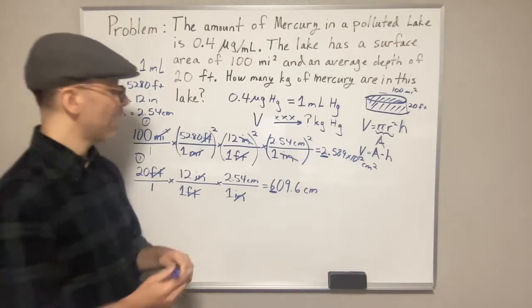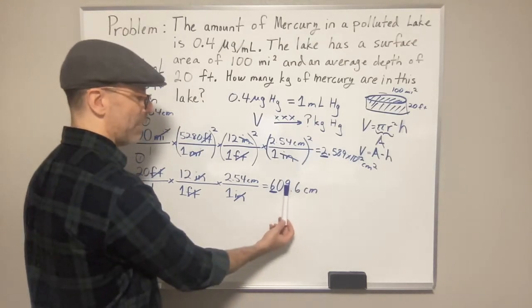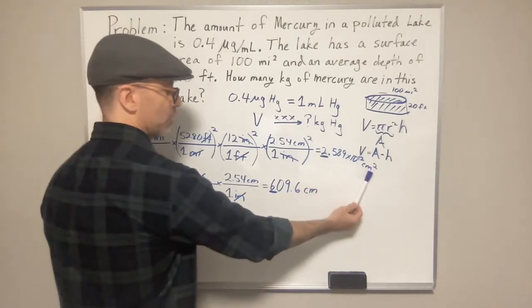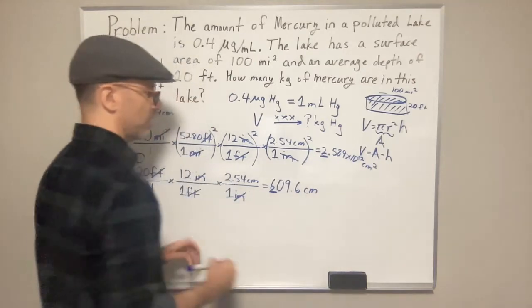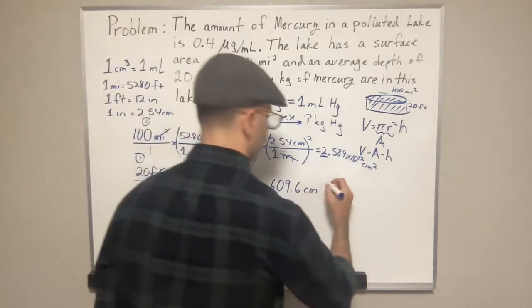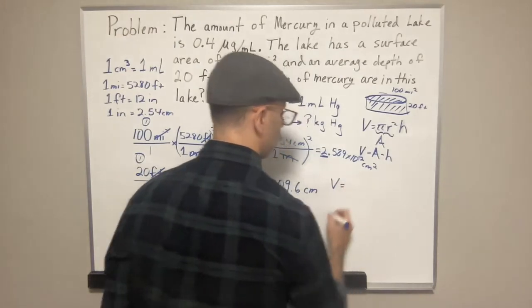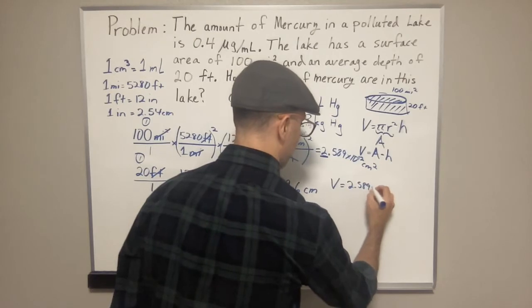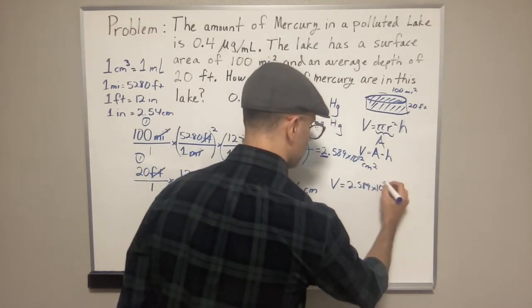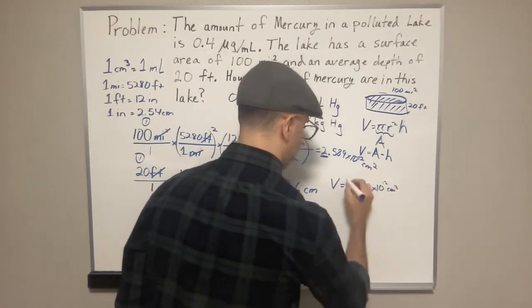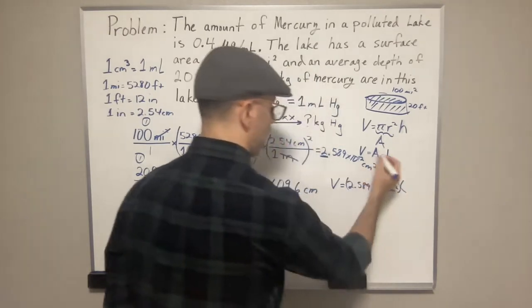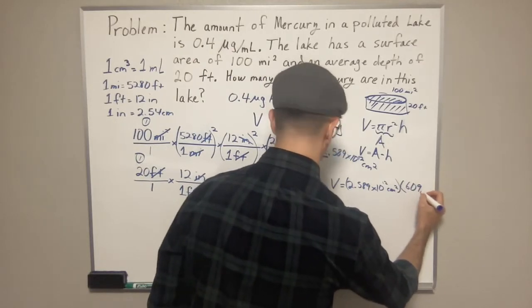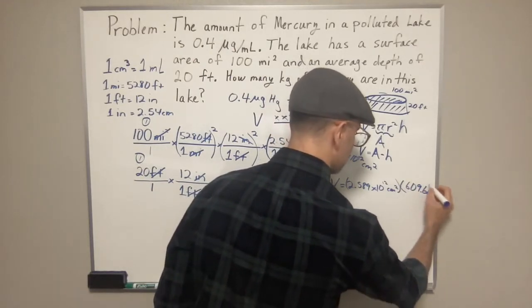Okay, so now I have my depth in centimeters. I have my surface area in centimeters squared. So now I can use this equation to find the volume. So the volume is equal to the area, which is 2.589 times 10 to the 12 centimeters squared, multiplied by the height, which is 609.6 centimeters.